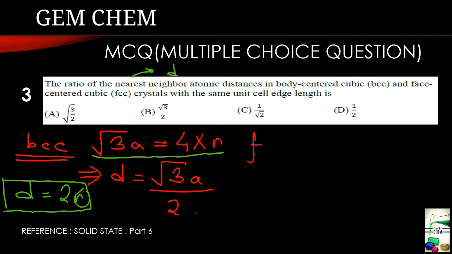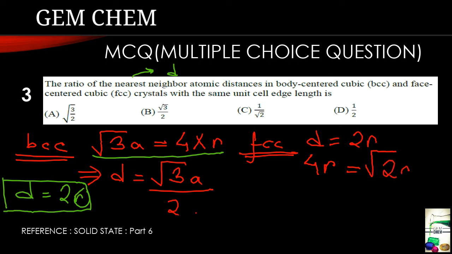Similarly, if we go for the FCC, then d equals 2r is same and 4 into radius is equal to face diagonal length, that is root 2a, where a is the same unit cell edge length, right?